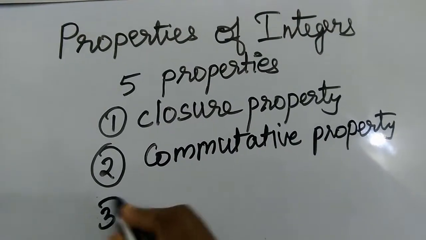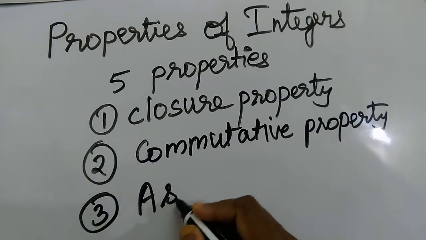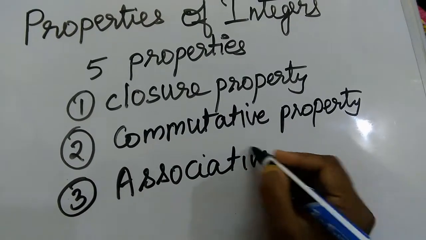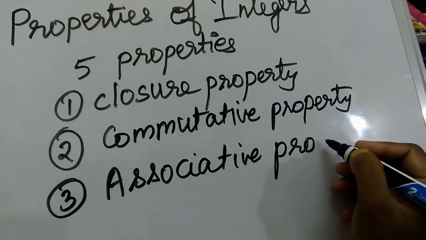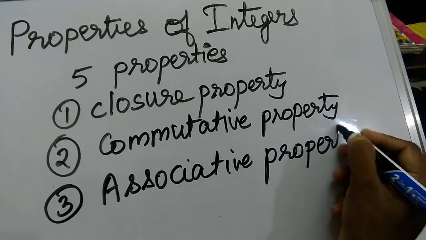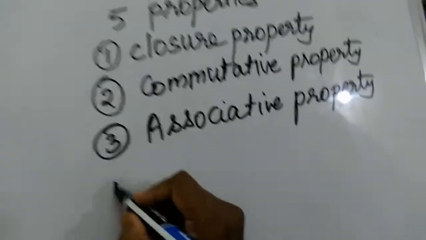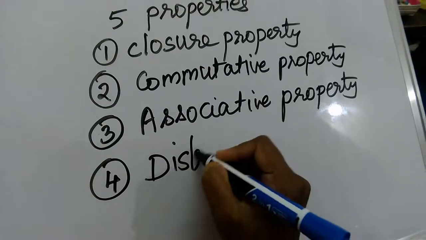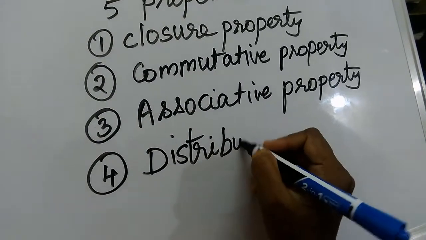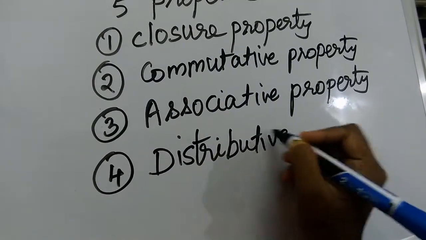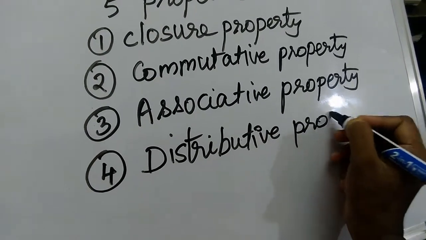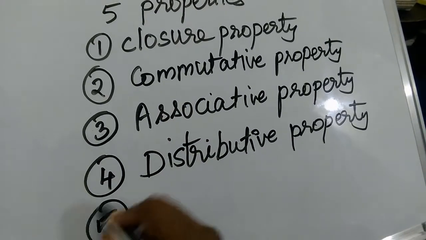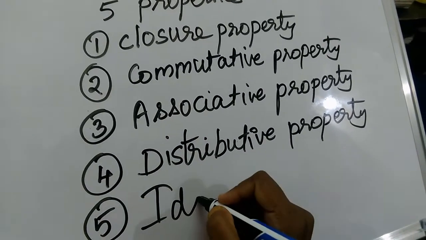Third, associative property. Then fourth, distributive property. Then 5, identity property.